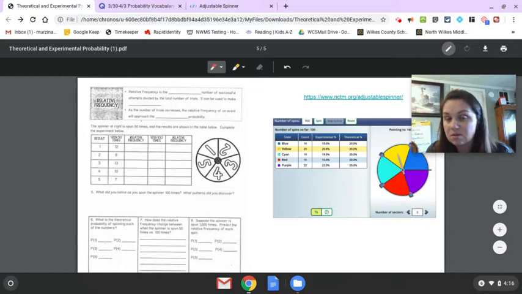It could be used to make graphs. This is where we usually get our data from when we are doing this scientific method and we are collecting data. When we get our data from the table, this is the information we use to make the graphs. It says, as the number of trials increases, the relative frequency of an event will approach the actual probability.